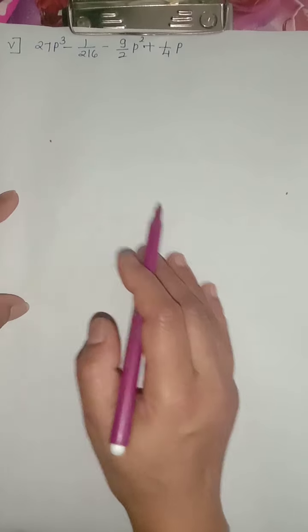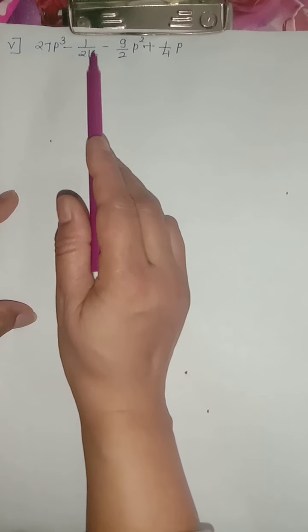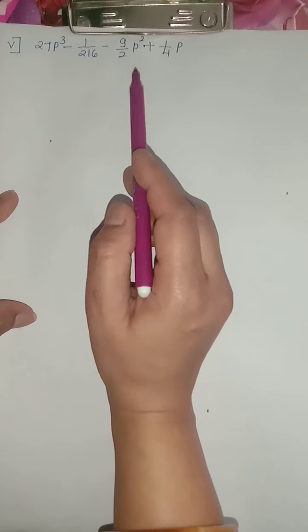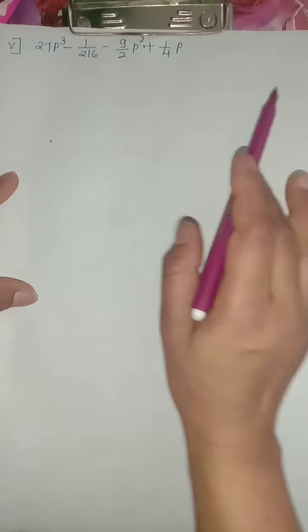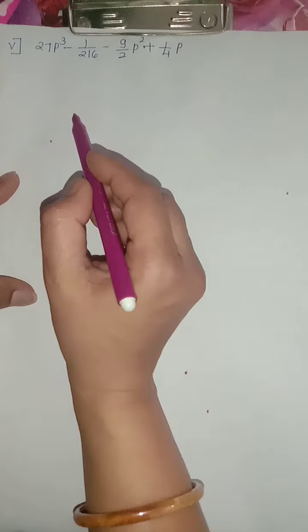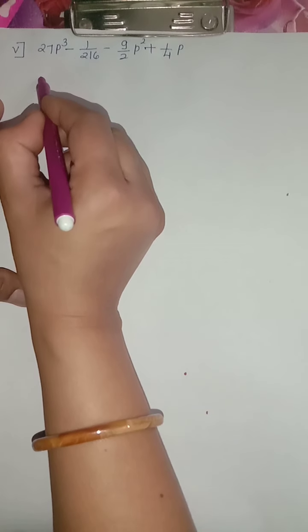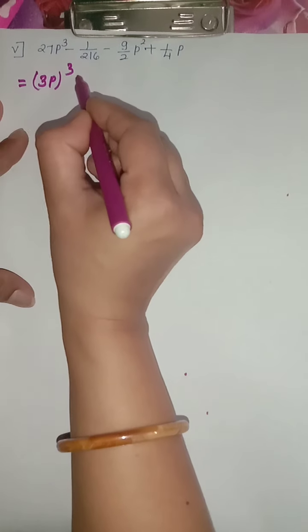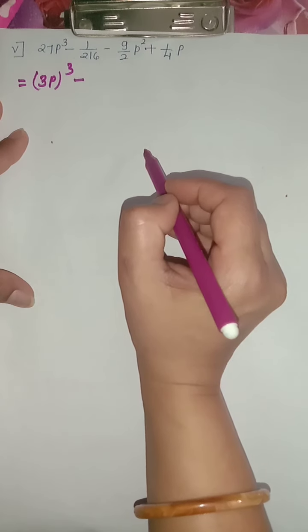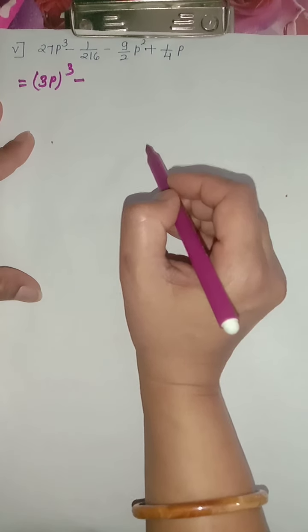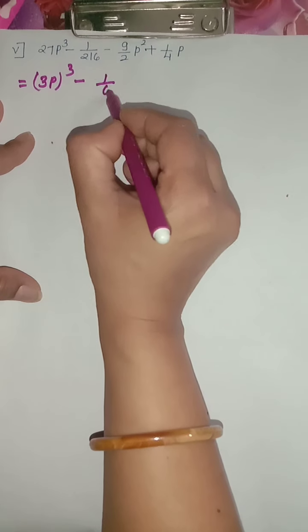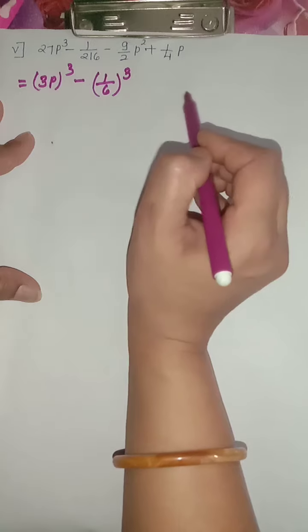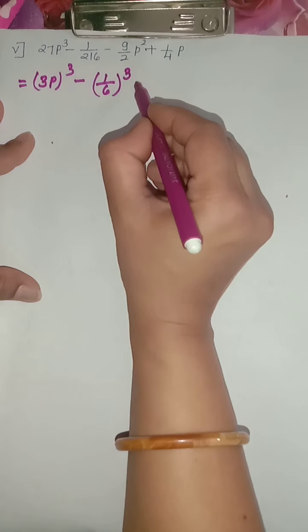Fifth part of this question is 27p cube minus 1 upon 216 minus 9 upon 2p square plus 1 upon 4p. Similarly, we will factorize this also. 27p cube can be written as (3p) whole cube, and 1 upon 216 can be written as (1 upon 6) whole cube. 6 into 6 into 6, you will get 216.